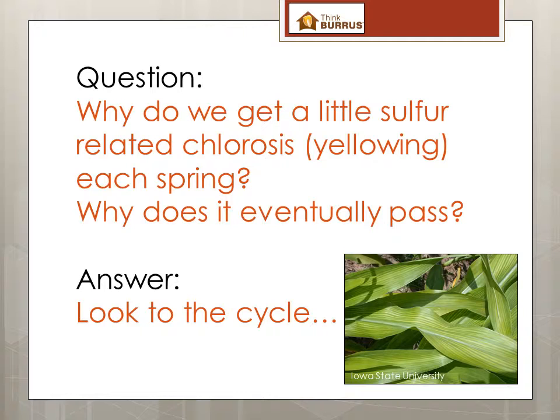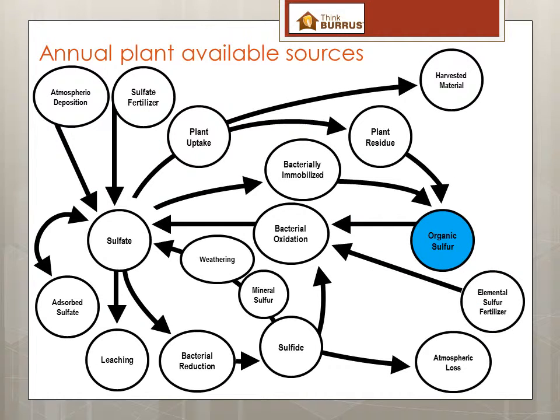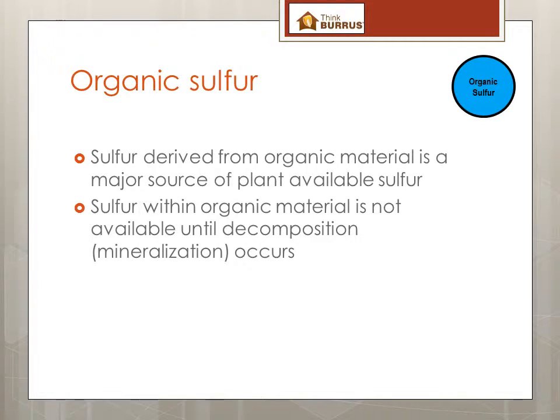Now, you already know my answer to that question, and my answer is look to the soil sulfur cycle. And in particular today, we're going to look at organic sulfur. Remember, I said that's a big source of sulfur for that plant. Now, in order for organic sulfur to be made available to the plant, remember, I said this is dead plant and animal material in various states of decay.